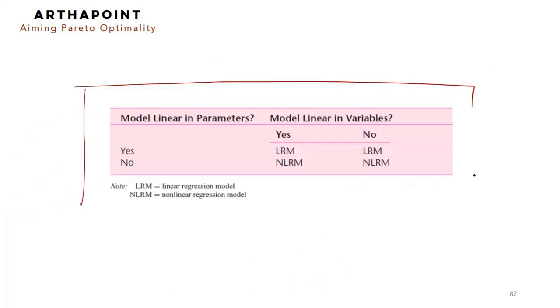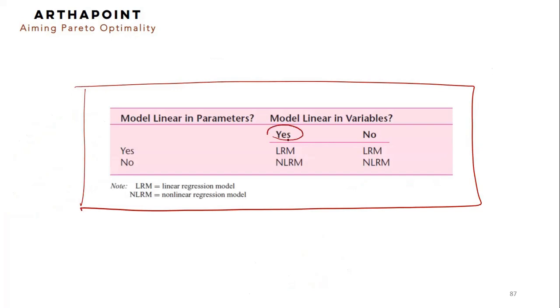Let's talk about this now. This table is going to explain this thing in much more detail. If something is linear in variable and linear in parameter, definitely it is a linear model. If something is not linear in variable, but still linear in parameter, why, betas are coming linearly, then also it is a linear model. I can work with that.